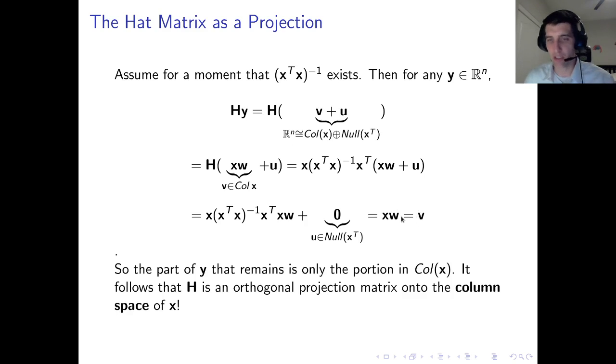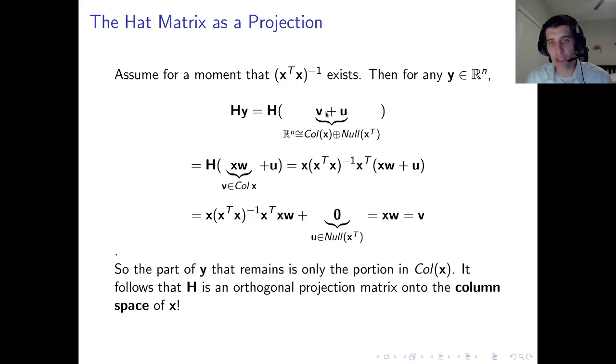So what just happened here? We just did a big derivation, but what we showed is that Y can be decomposed into the part that's in the column space of X and the part that's in the null space of X transpose.